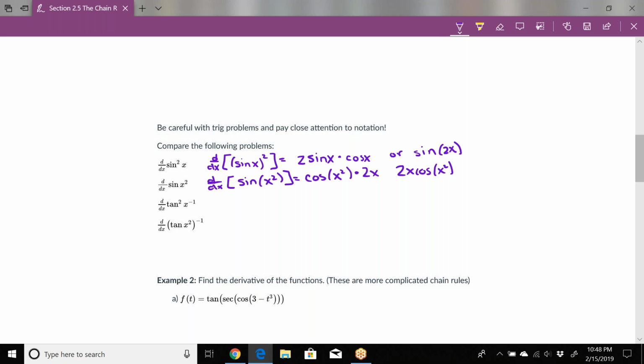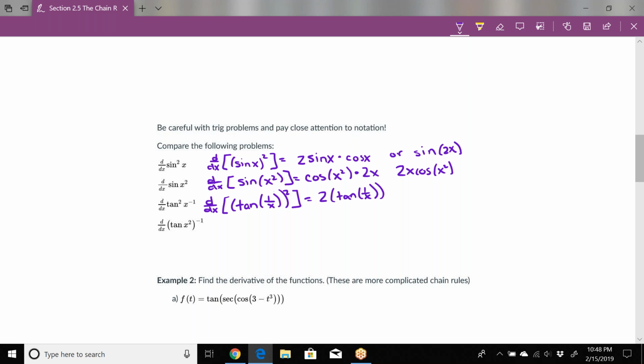This one, this is tan squared, which we can remember with the squared on the outside, but the inside of that tangent is a 1 over x. It's still x to the -1, but you can think of it this way when you write it. So we're going to be doing the derivative first of that 2 coming to the front for that power rule. So 2 tan of 1 over x.